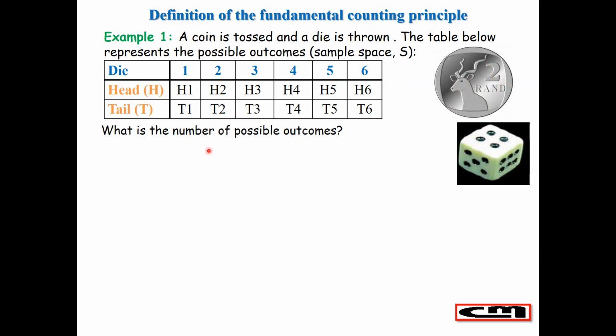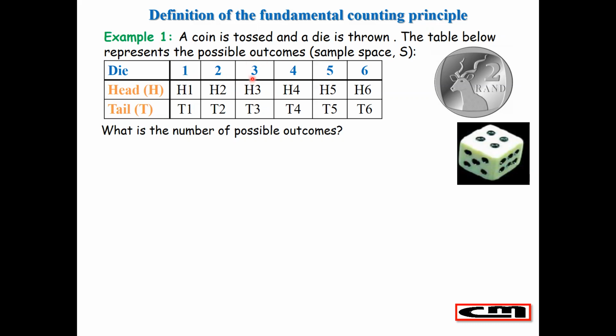Therefore, we want to write down the possible outcomes. If on the die I have a 1, then I have to imagine what could have come on the coin. So if we got a head, then I say H1. Or if we got a tail, then it's T1.